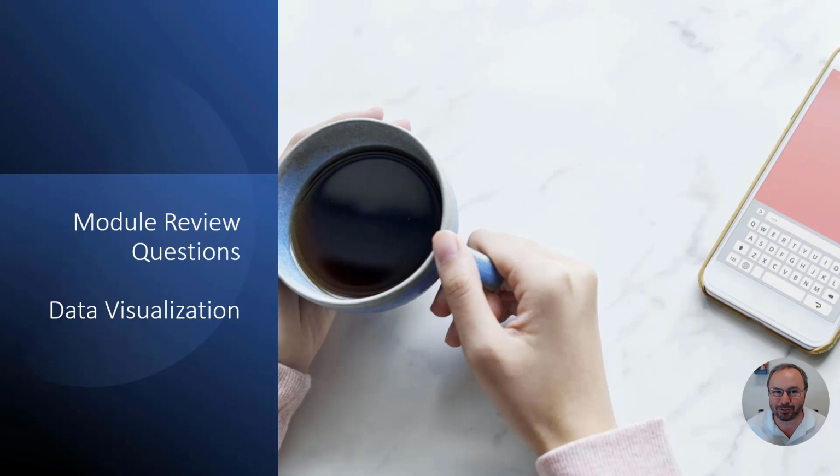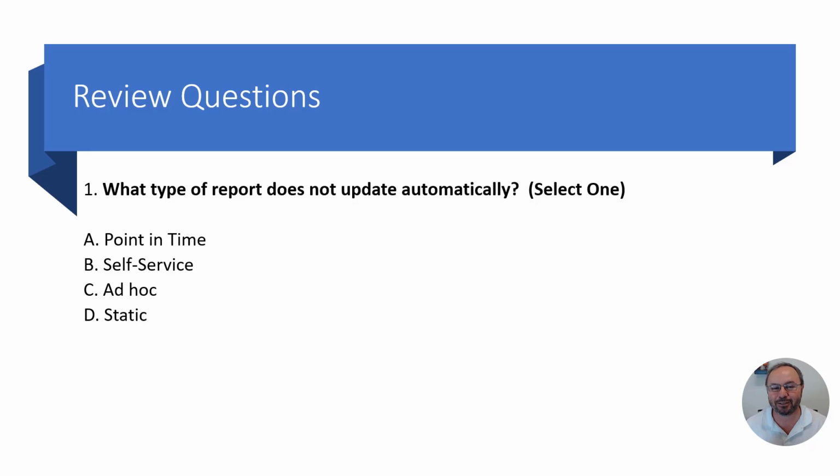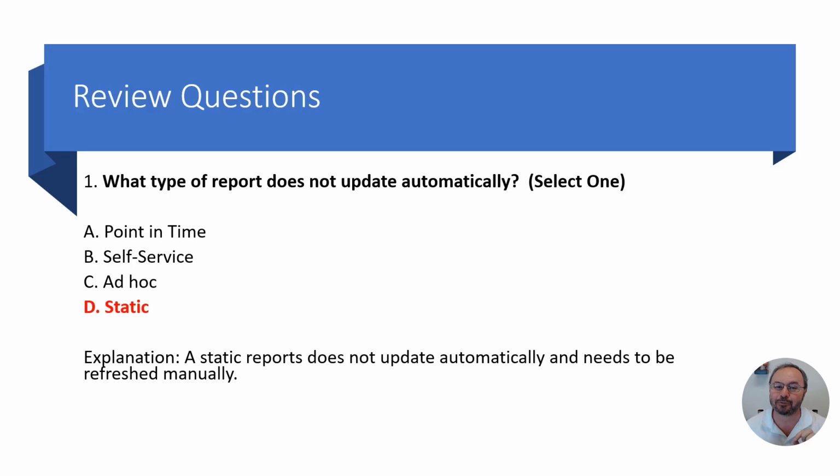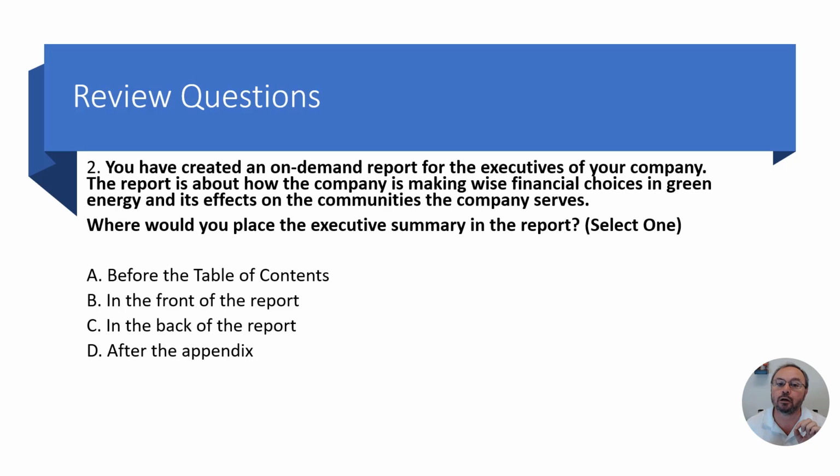Module review questions. Let's go ahead and test our knowledge. We learned about reports. So what kind of report does not update automatically? That would be a static report. You have created an on-demand report for the executives of your company. The report is about how the company is making wise financial choices in green energy and its effects on the community it serves.